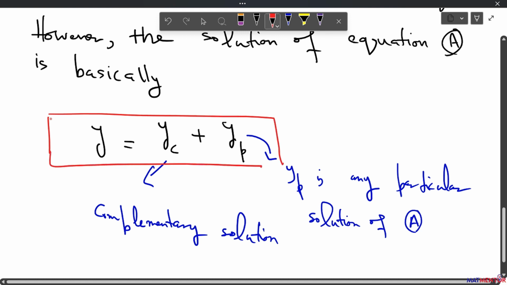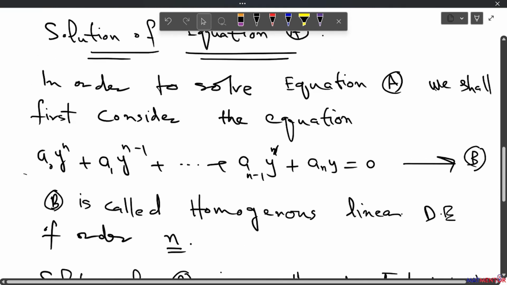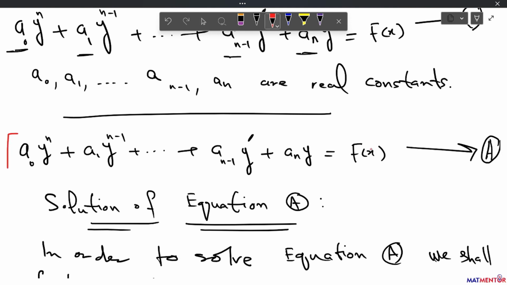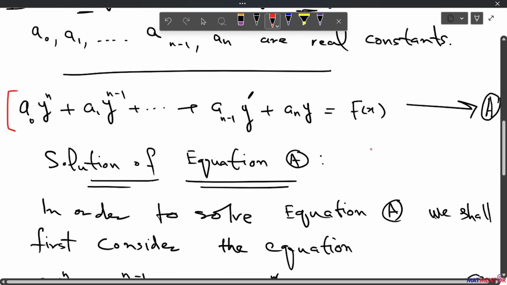This is our general solution of A. It is important to understand that whenever you try to solve this equation, first of all you need to write the left hand side expression equal to 0.